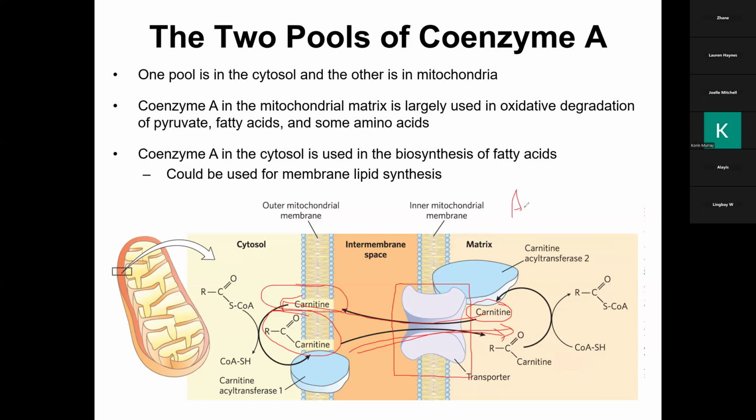That's called an antiporter. A lot of transporters require energy and ATP, but by doing a swap, it doesn't require energy or ATP. So you swap a carnitine fatty acid going in for a carnitine on its own going out, to replace the carnitine that you use by generating the fatty acid carnitine in the cytosol.